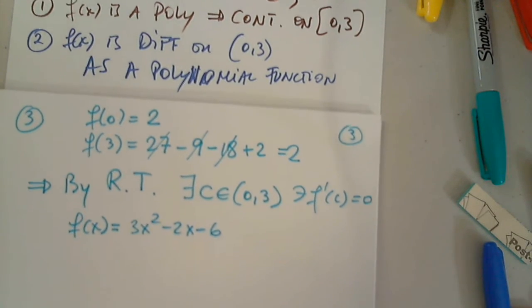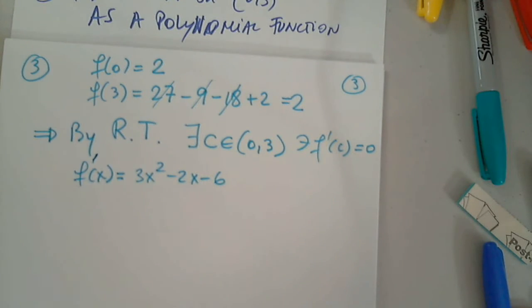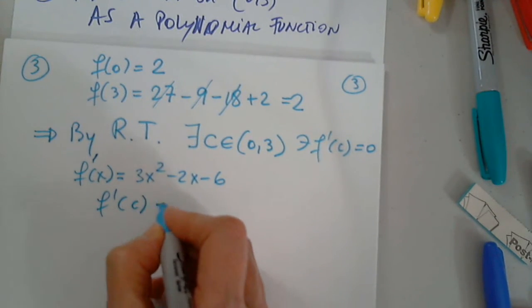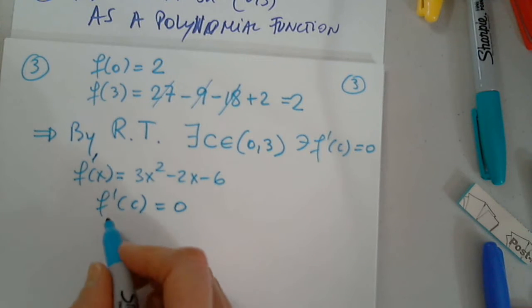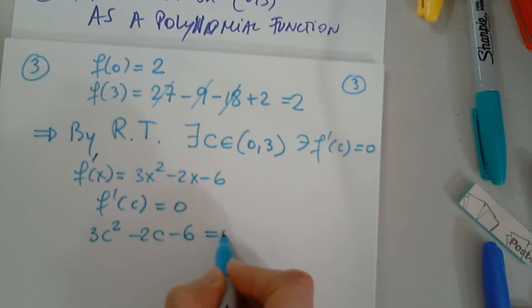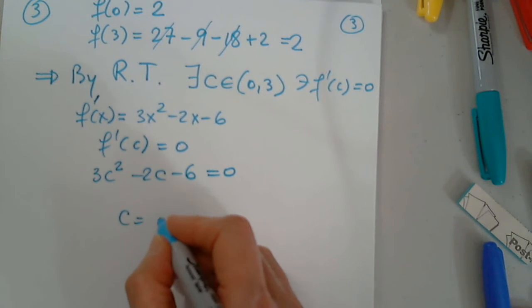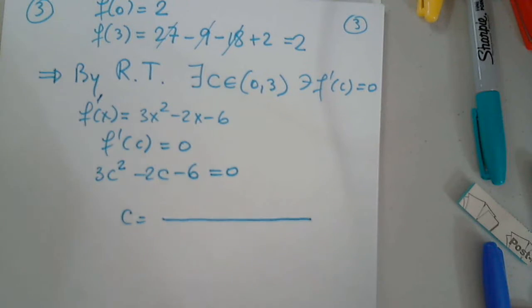Good. So this was f prime. Now f prime of c equals 0 means 3c squared minus 2c minus 6 equals 0, and I find the answer with the quadratic formula.